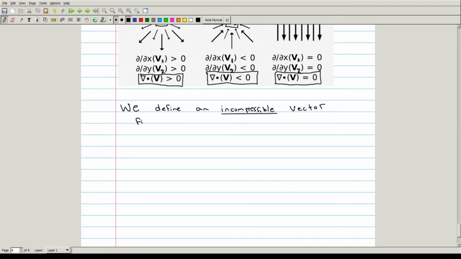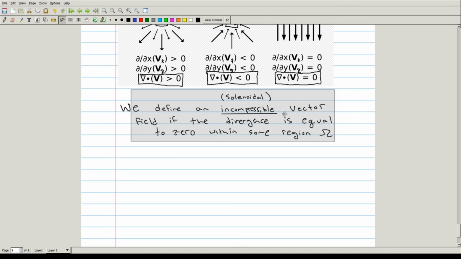It is sometimes called a solenoidal vector field as well, if the divergence is equal to 0 within some region, Omega.